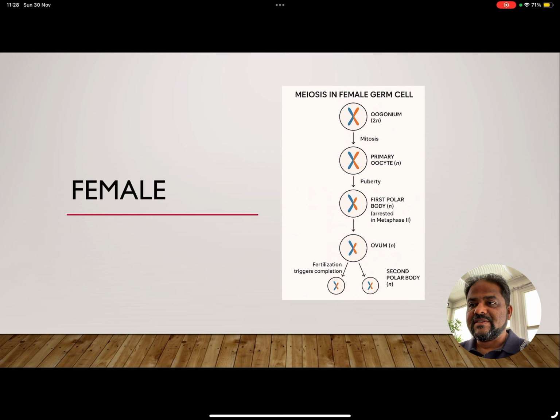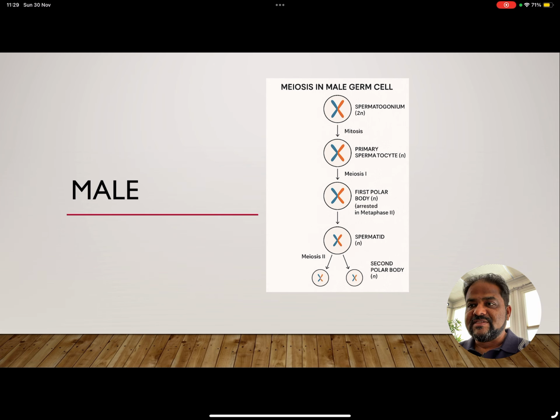As you can see, the primary oogonium undergoes mitosis, forms a primary oocyte, and then at puberty, the egg is arrested in metaphase 2, and the first meiotic division is complete at the time of ovulation, and the second meiotic division is complete at the time of fertilization. Whereas in male, spermatogonium undergoes mitosis, then becomes primary spermatocyte, then the first polar body is released after the first meiotic division, and then second meiotic division happens and spermatids are formed.